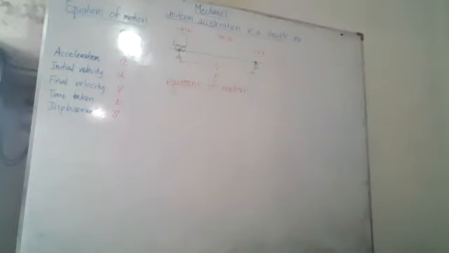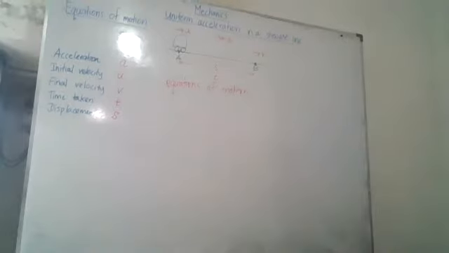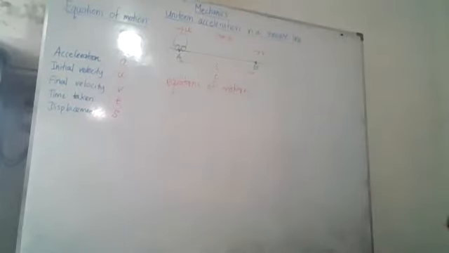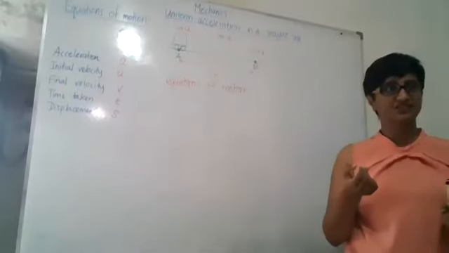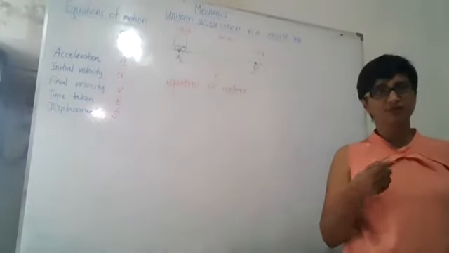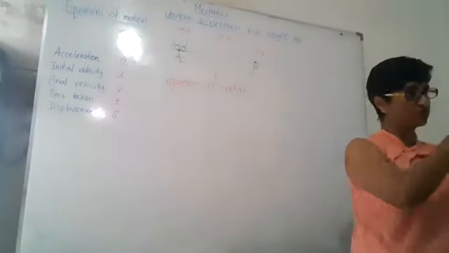Equations of motion, and here they are. Let me first put them on the board, then you copy it, okay? The first one you already know. It comes out of the definition of acceleration: acceleration is change in velocity over time taken.